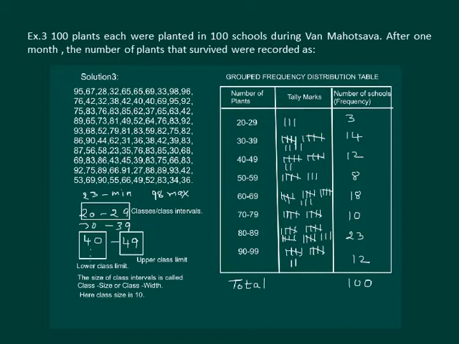Another important point to be noted is that the classes in the table are non-overlapping. That means we have taken 20 to 29 and then 30 to 39. It should not be 20 to 29, 29 to 39, 39 to 40. It will be wrong, as then the number 29 or 39 will overlap and lie in two consecutive classes.